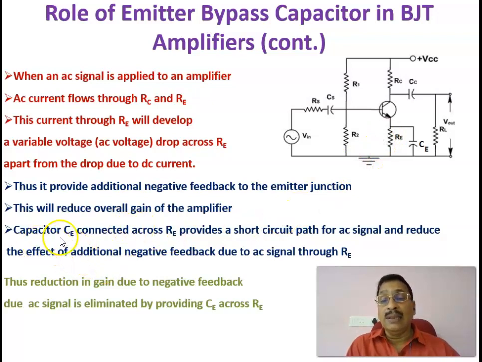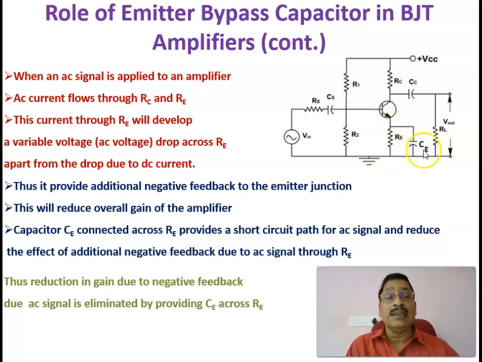Therefore, the capacitor CE connected across RE provides a short circuit path for the AC signal, that is small ie. Small ie will be flowing through this CE, and this reduces the effect of additional negative feedback due to the AC signal through RE. In the absence of this capacitor, the AC signal would also flow through RE.